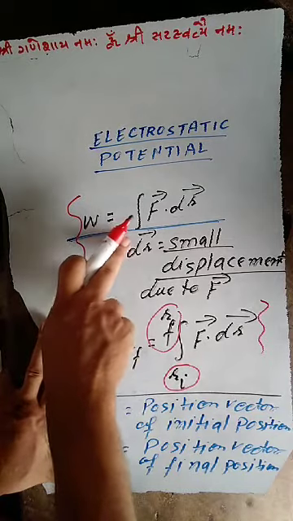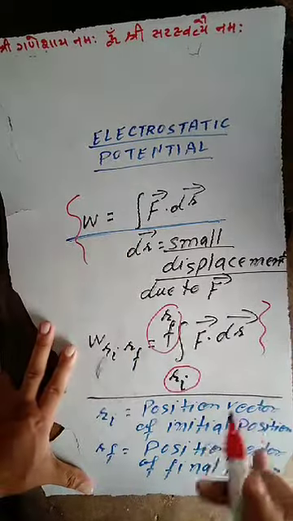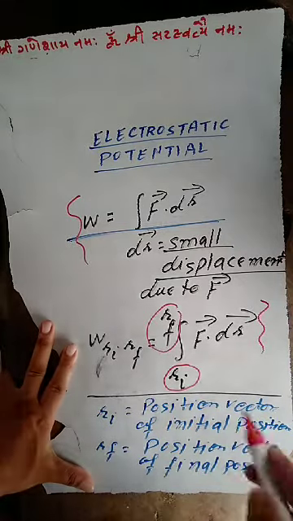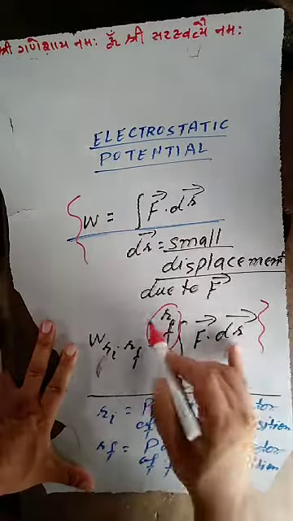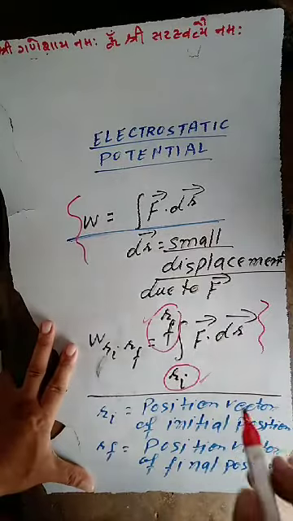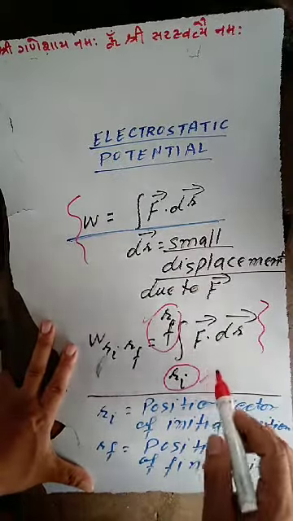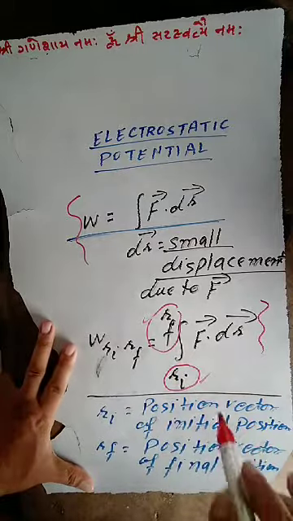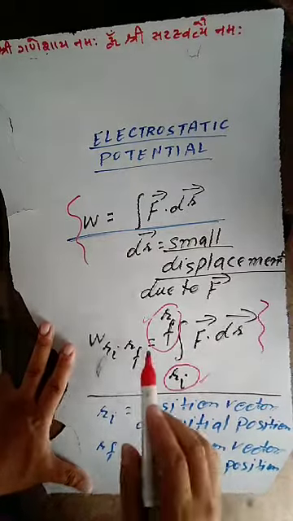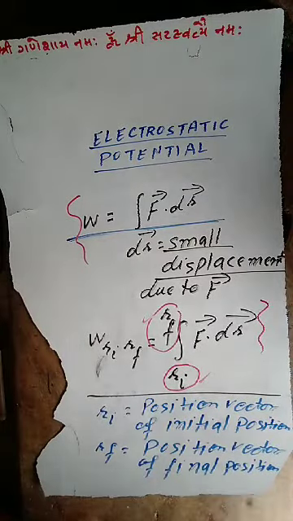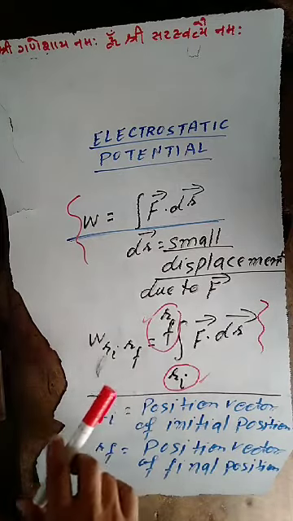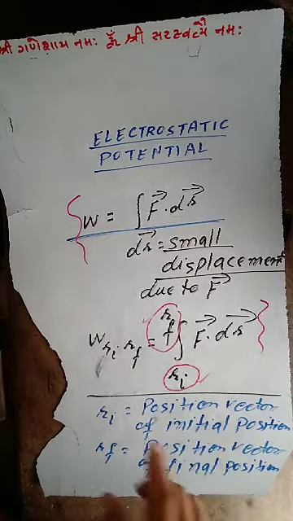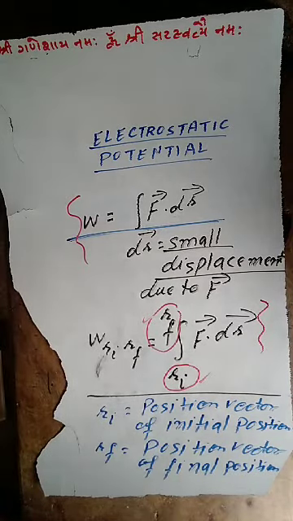That is, it is a general case, but if it is confined between two positions, initial position and final position, and is independent of the path between initial and final position, then this will be a conservative force. So this is the definition of conservative force. This was your conservative force.